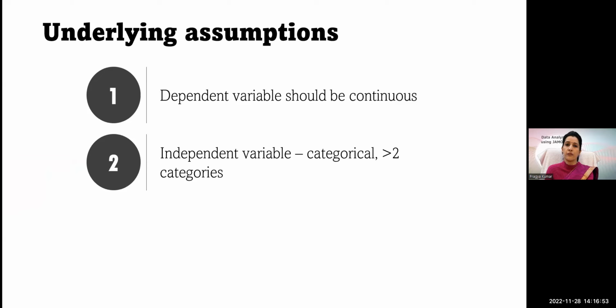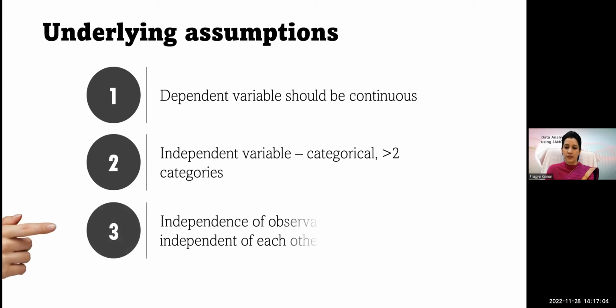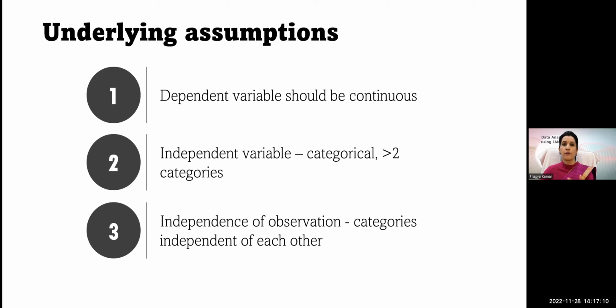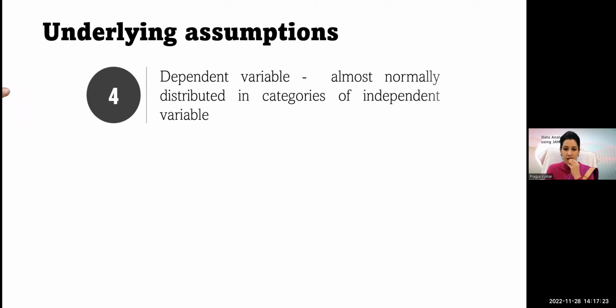The second is that your independent variable should have more than two categories. In all these three cases you have seen that the variable was having more than two categories. The third is your independence of observation. Categories are independent of each other. We have seen that if you have counted one individual in one category, then you cannot count that individual in any other category.